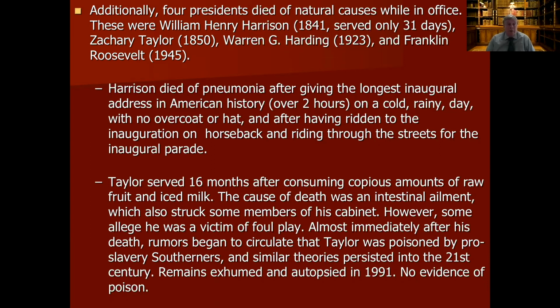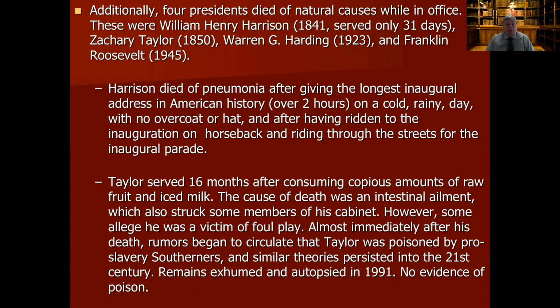Zachary Taylor served 16 months, after consuming copious amounts of raw fruit and iced milk. The cause of death was an intestinal ailment, food poisoning in other words, which also struck some members of the cabinet. However, some would allege that he was a victim of foul play, that is, he was poisoned intentionally.